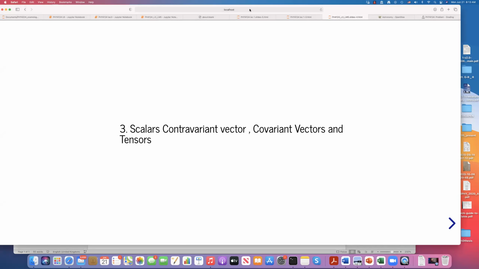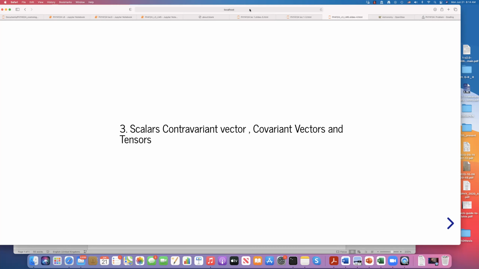Right, so I assume that all of you can see the new set of slides that I am sharing, right? Now today's topic is scalars, contravariant vectors, covariant vectors, and tensors, right? That's a different section now. Having this idea about the metric and how to write the line element, and also Einstein's summation convention, which we learned in the last section, now we are going to talk about scalars.